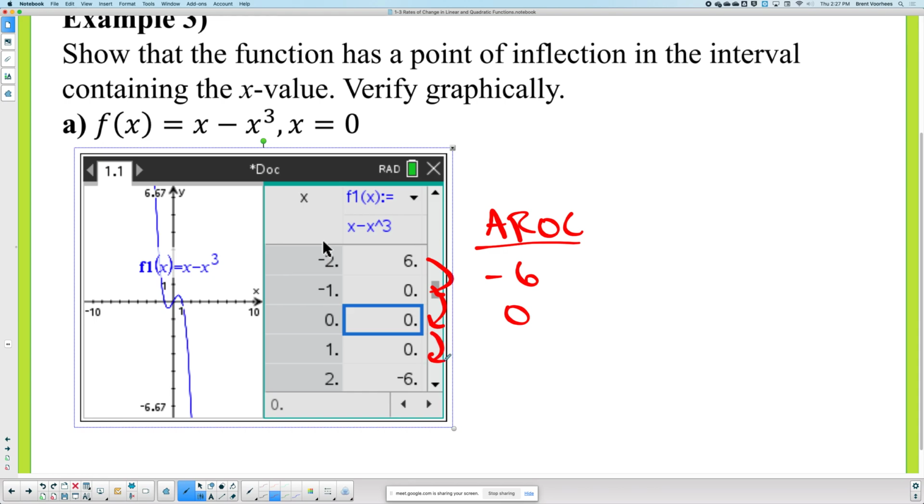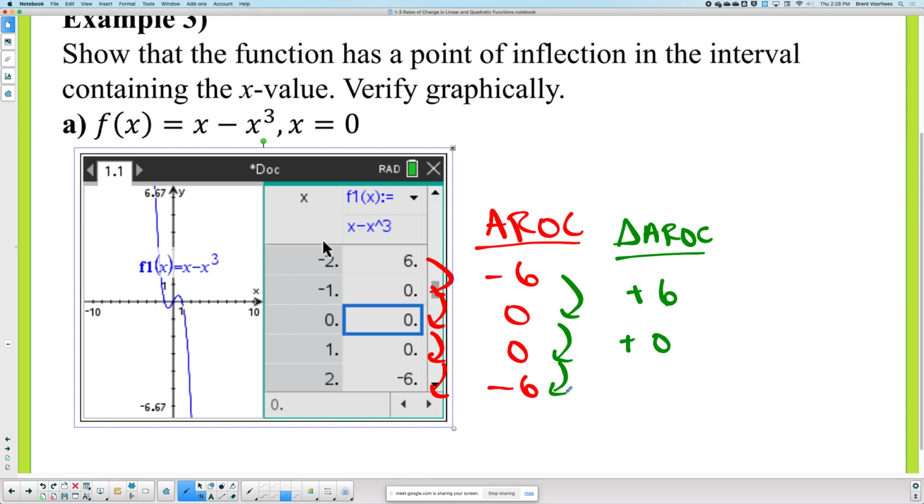What about from 0 to -6? All right, now that's strange. Okay, that was our change in y. So what do we do now? Change in change in y. From -6 to 0. From 0 to 0. From 0 to -6.